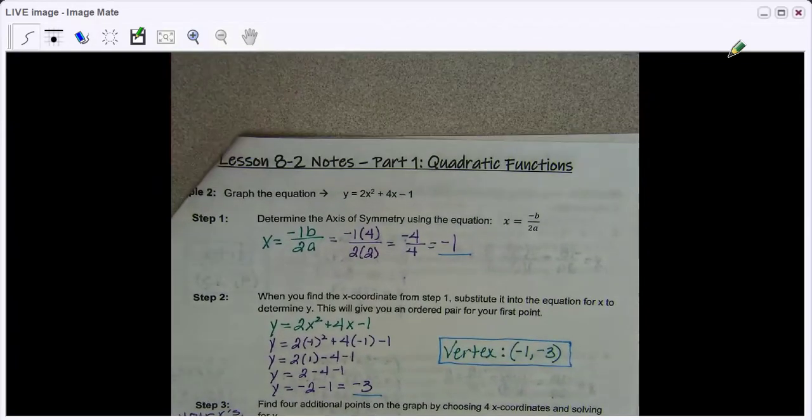So go ahead and check steps 1 and 2 if you're there, just to see if that's what you got.